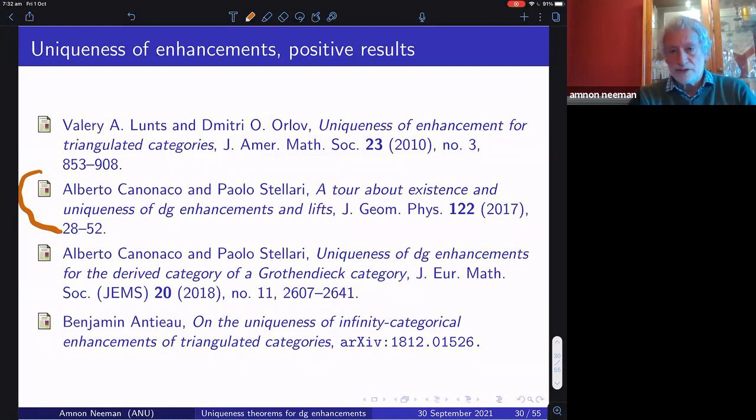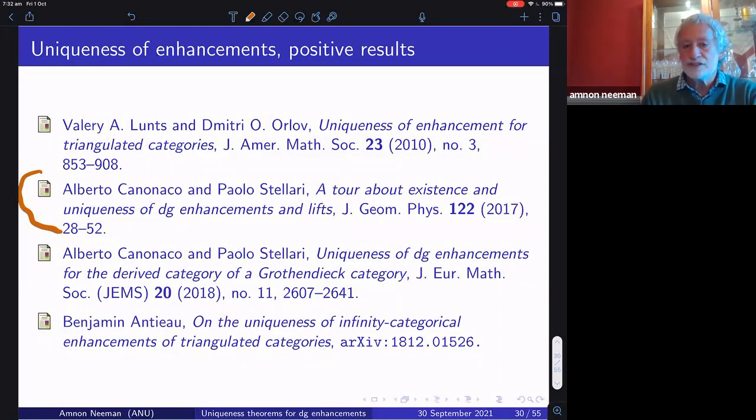And the results I want to tell you about today are from a joint paper by Canonaco, Stellari, and myself, which improves on Antieau's results. I mean, they essentially solve all the open questions in Antieau's paper, but they do it by going in a completely orthogonal direction.